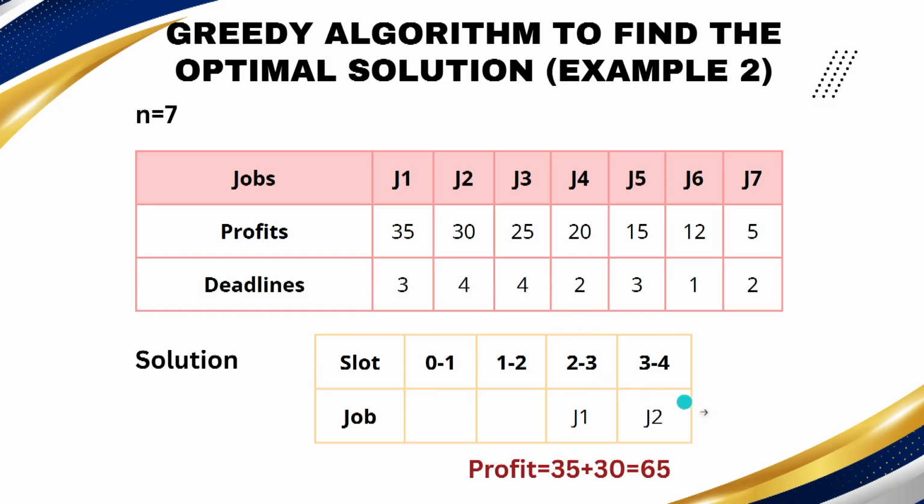And the next choice is that we take up job 2, which is supposed to get completed by 4 o'clock. So, we put this slot for job 2. Next we pick up job 3, and its deadline is also 4 o'clock, but by 4 o'clock the machine is occupied.